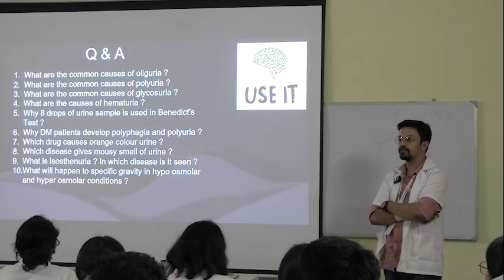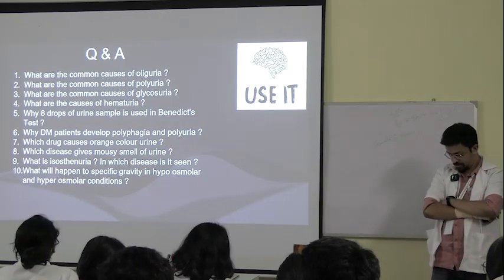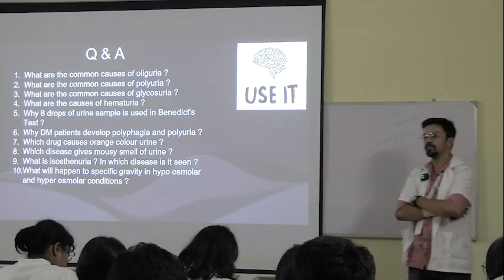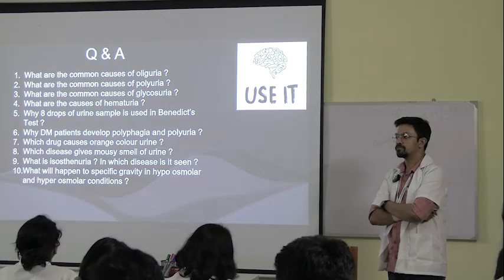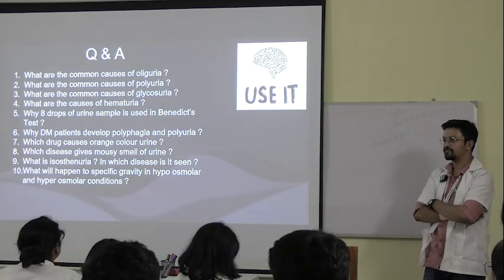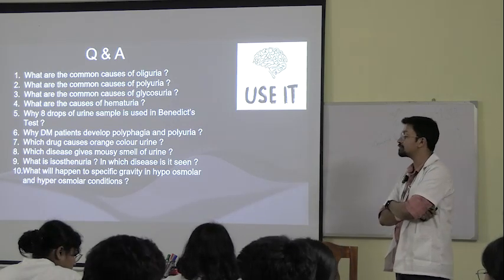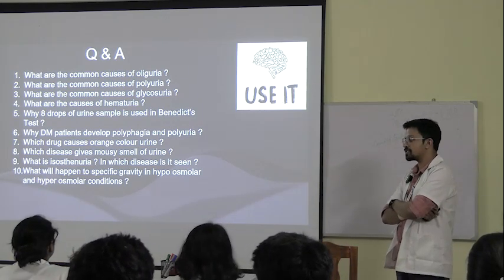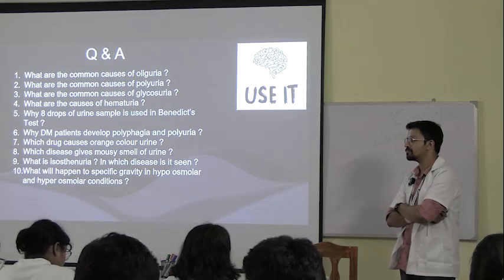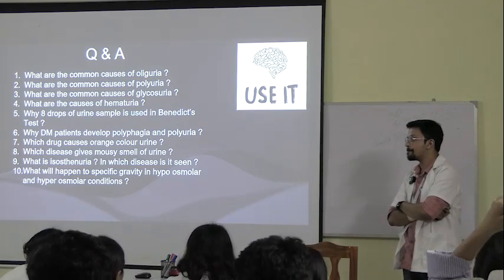You don't have any idea. What were you doing in the class? For the last, how much time? 1 hour almost. You tell me. What are the causes of glycosuria? Just now I have told. Say, glycosuria.